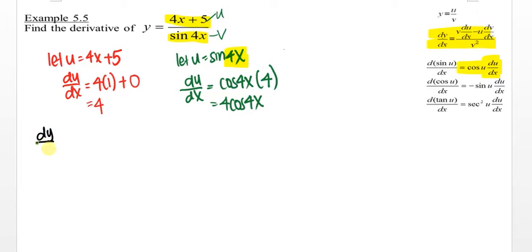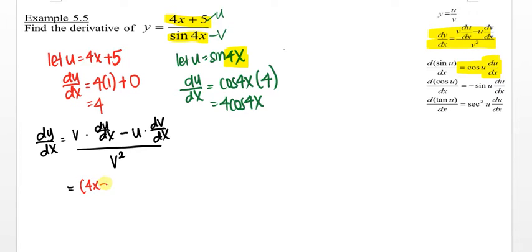So dy over dx is equal to v times du over dx, minus u times dv over dx, over v squared.